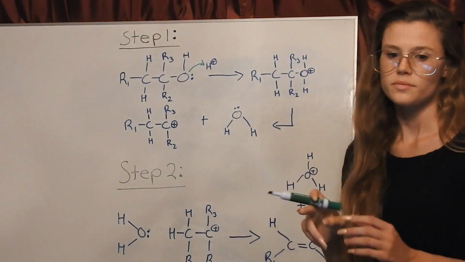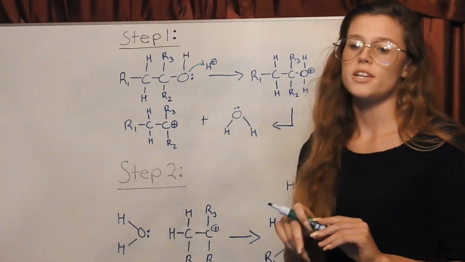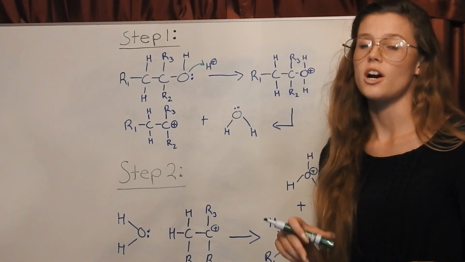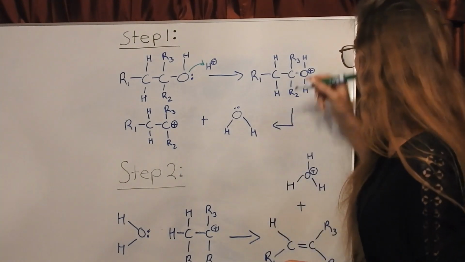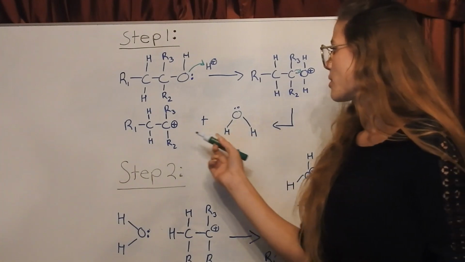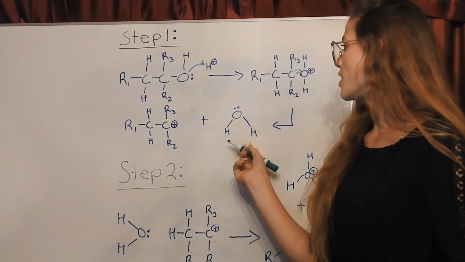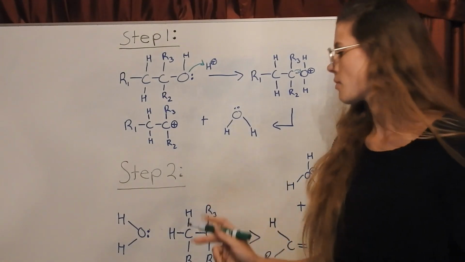Then this is followed by the cleavage of the C-O bond to give the carbocation intermediate. So we're left with the carbocation and H2O, or water.